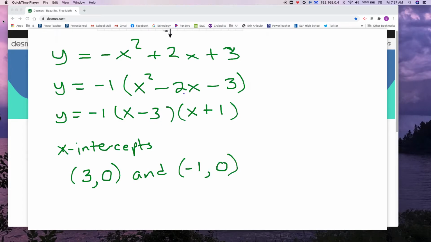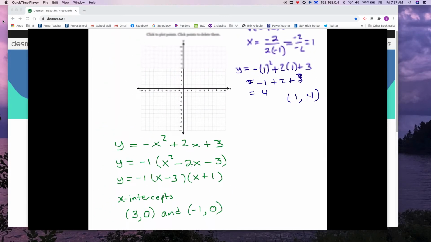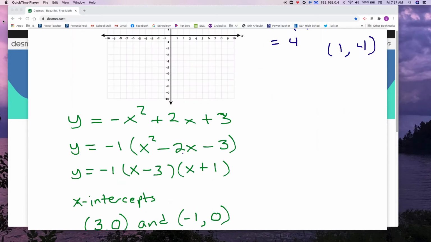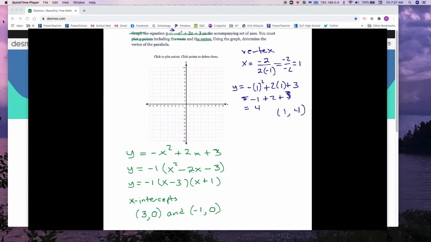So those are my intercepts. And now I can go ahead and start plotting this. I'll show you all the information I got. I can plot this, and it says I'm supposed to find 5 points. I'll show you how to find those other 2.